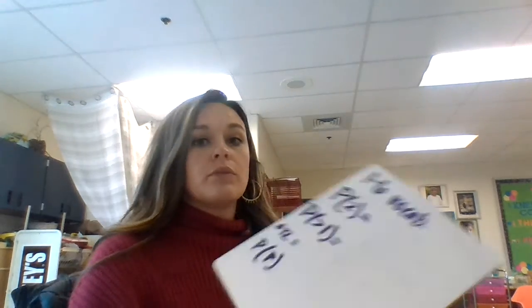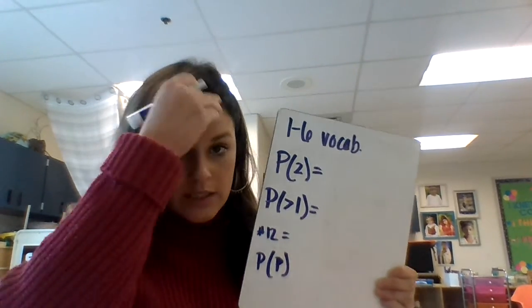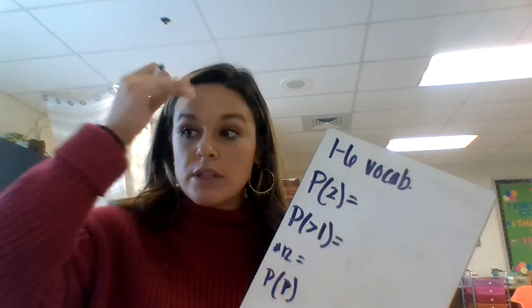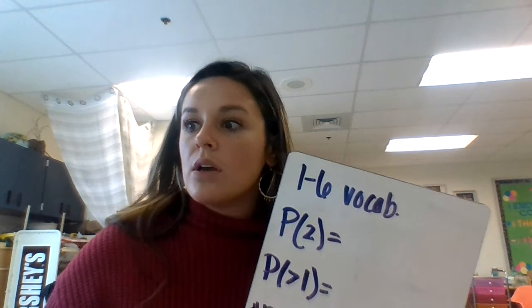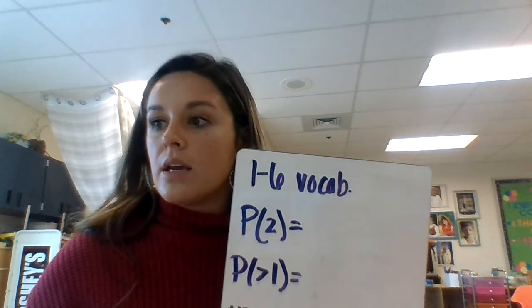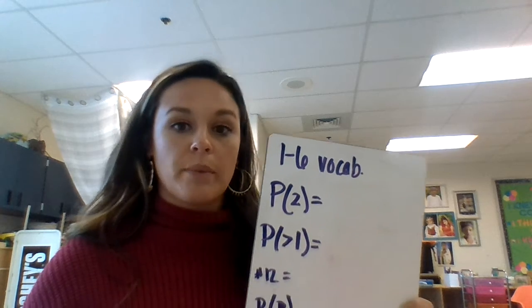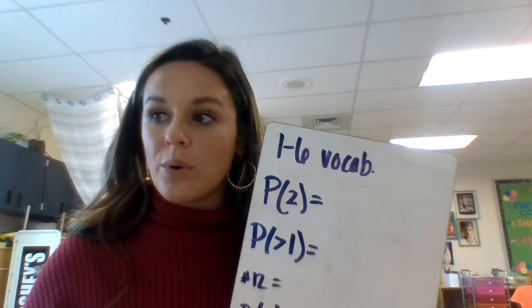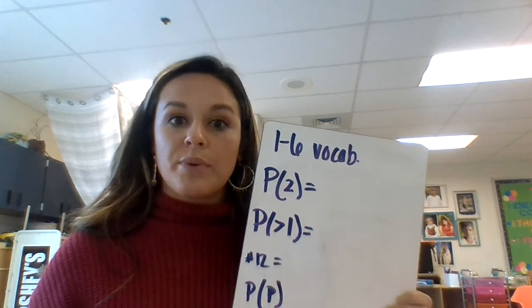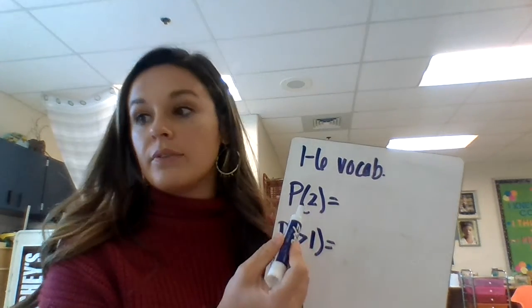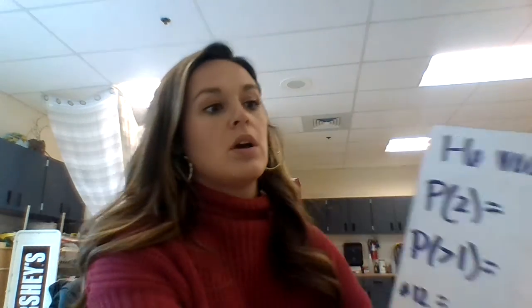Now I'm going to go over a few of the questions on the lesson, not a lot of them. First of all, numbers 1 through 6 are vocabulary, so make sure you read those terms up at the top. Then the first problem that you actually have to solve for says, what is the probability of getting a 2 on a dice? So I made this.